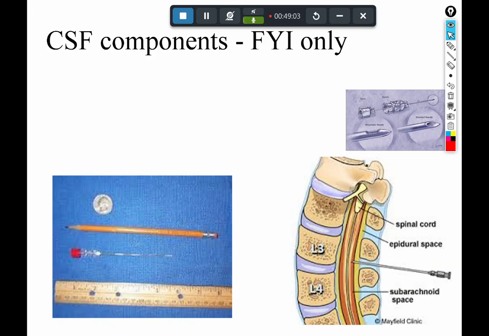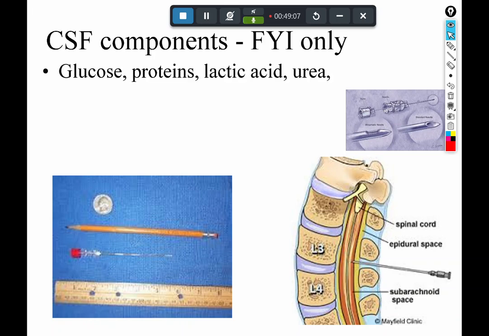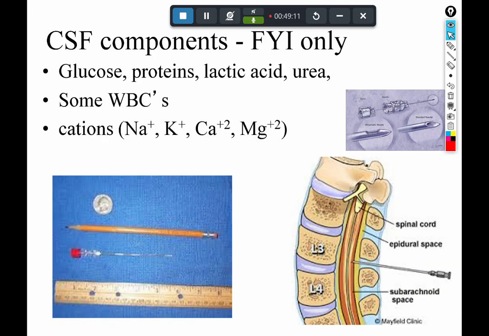So cerebrospinal fluid components, I mentioned waste earlier. The cerebrospinal fluid looks a lot like plasma, but because of the blood-brain barrier that's maintained by ependymal cells and astrocytes, there are some differences. So there's a few white blood cells that just go in there and check things out, make sure you're okay and your neural tissue is okay.